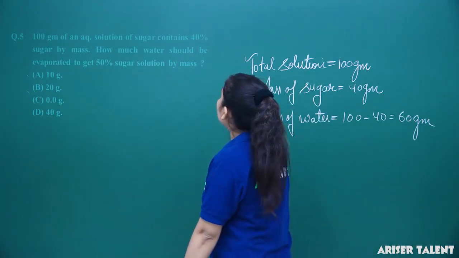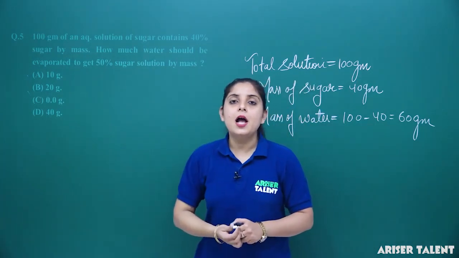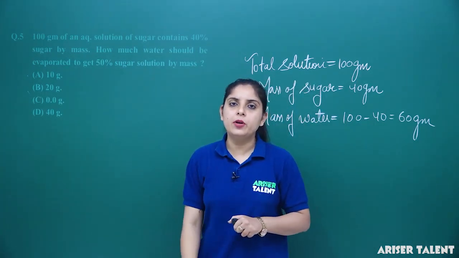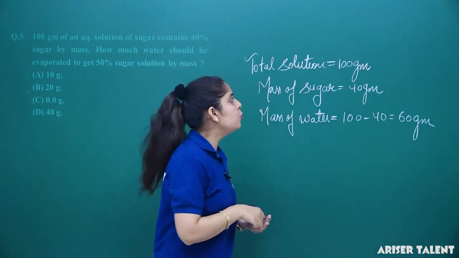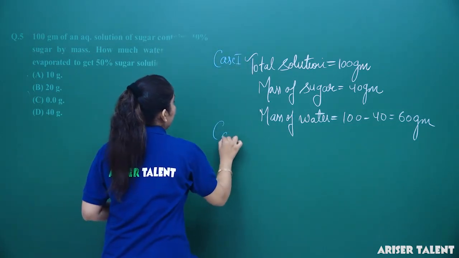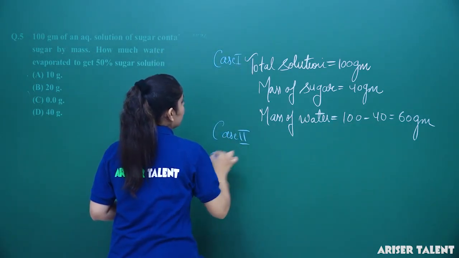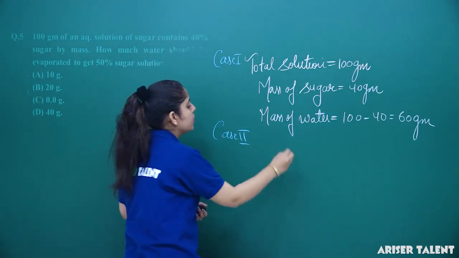Now, you have to find out, to get the 50% sugar solution, how much water should be evaporated. So this will be case number 1 and I am considering this as case number 2. Now you have to make the 50% sugar solution.